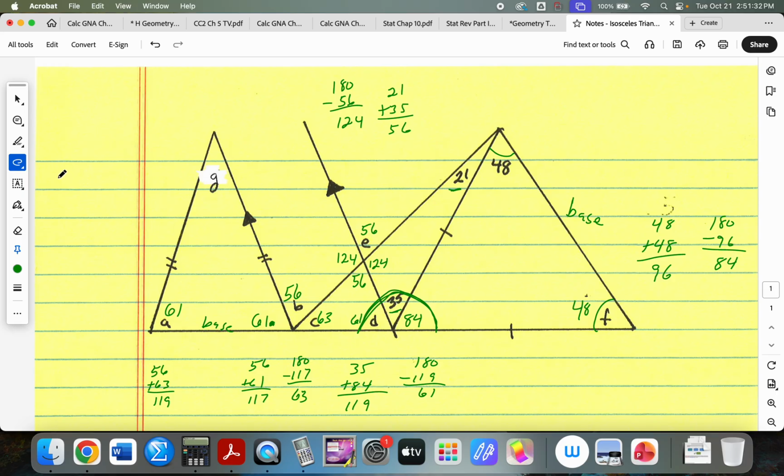And then to find G, I'll add the two 61s together. It's 122 from 180. And that's 58 for G.